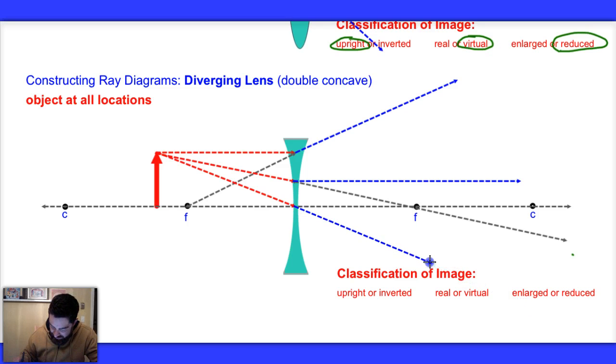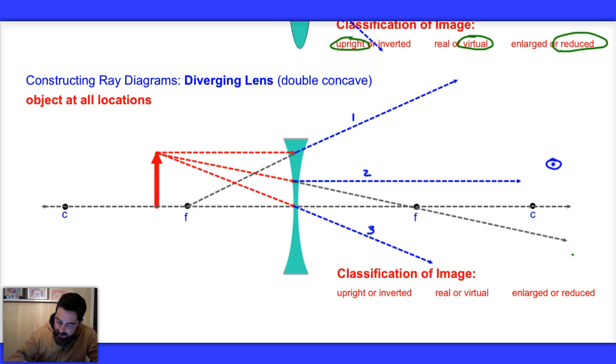We can now see that these rays are diverging. And just like we saw in the case above, these three rays, 1, 2, and 3, are perceived by some viewer, some vantage point on the right side of the lens, to have originated behind the lens, on the same side that the object is.